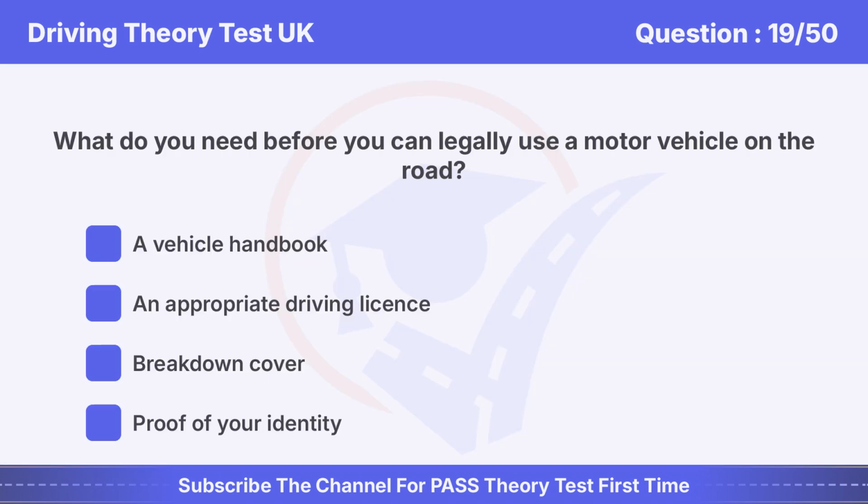Question 19. What do you need before you can legally use a motor vehicle on the road? Answer is B, an appropriate driving license.